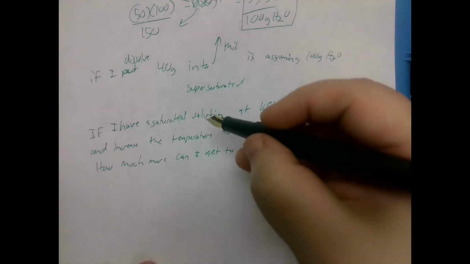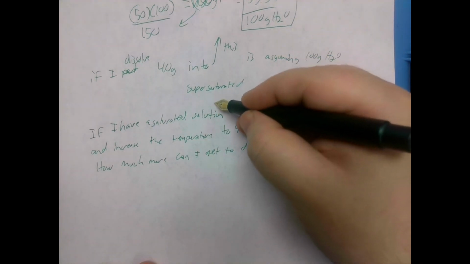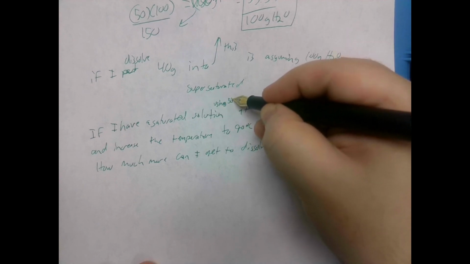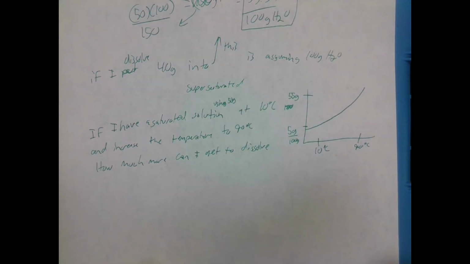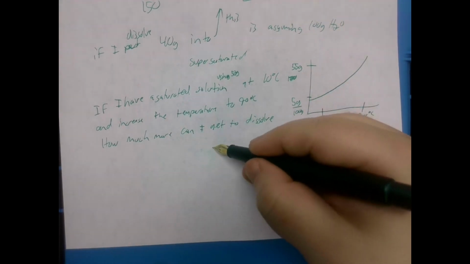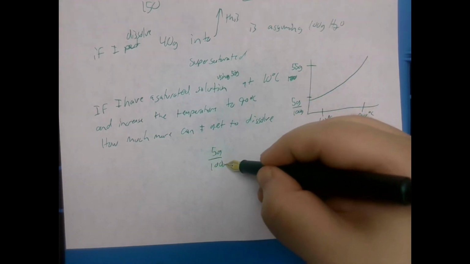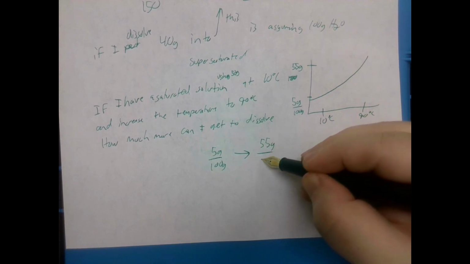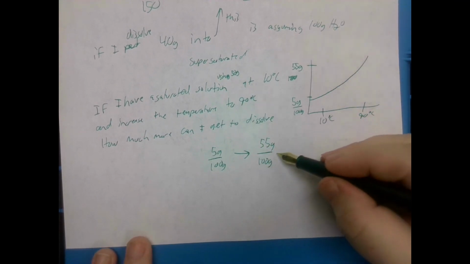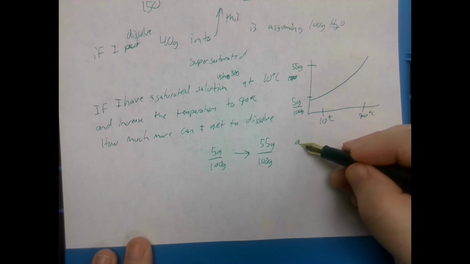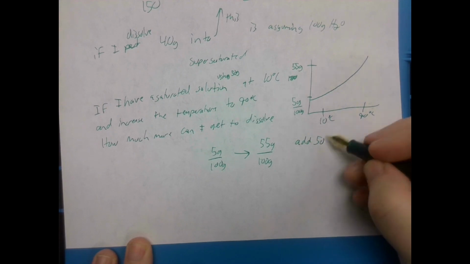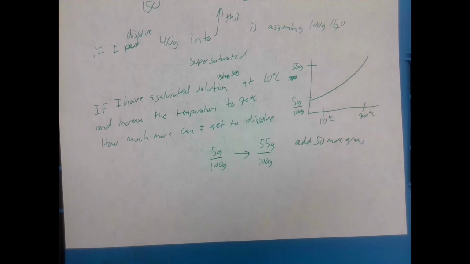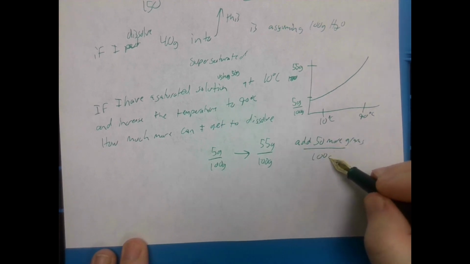And assuming I have a saturated solution using 50 grams of water, well, I know that for 100, how many more can I add? For 100 grams, I can add 50 more grams per 100 grams.